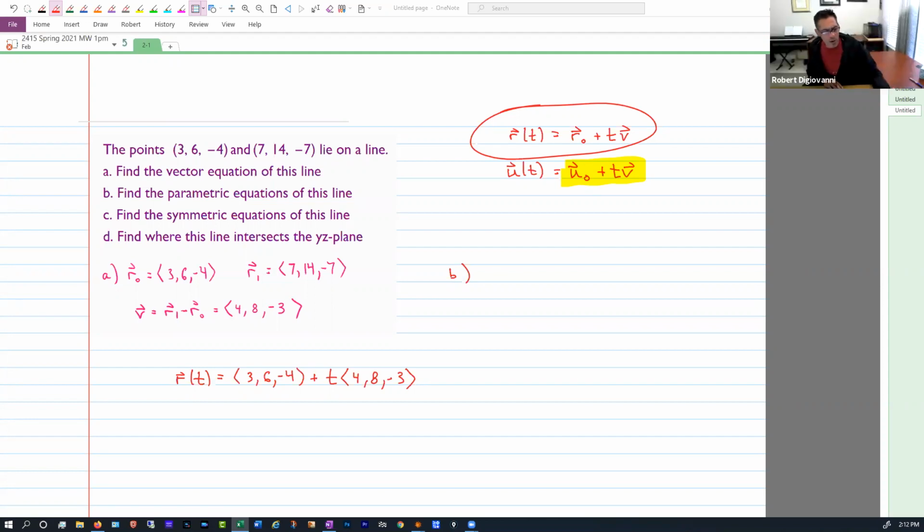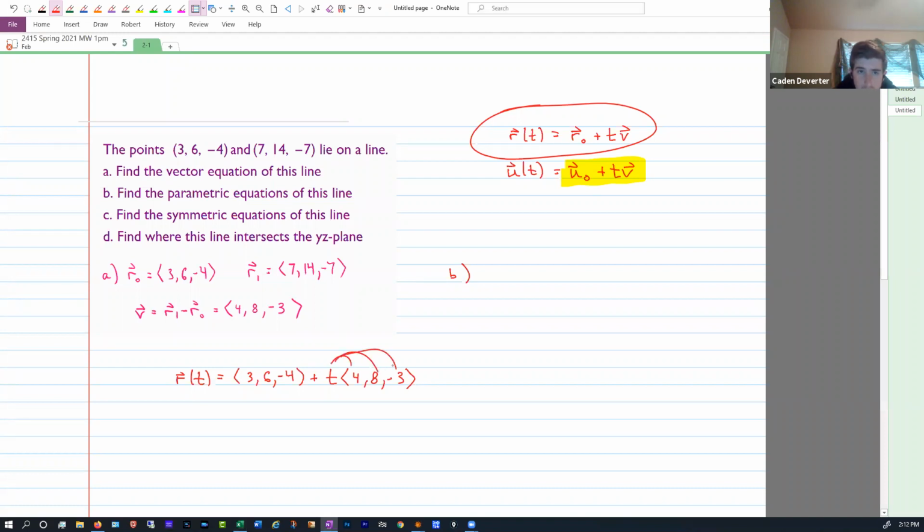So what are you going to do for part B? So for part B, you distribute the t and then solve for each of the variables, like x, y, and z. Just put them together, right? Go ahead and tell me what it is before you solve for each one. Just what is it after you expand it and put it into one big vector?